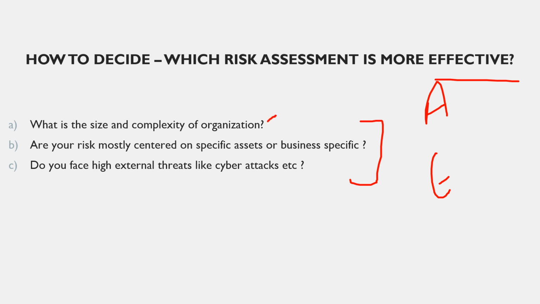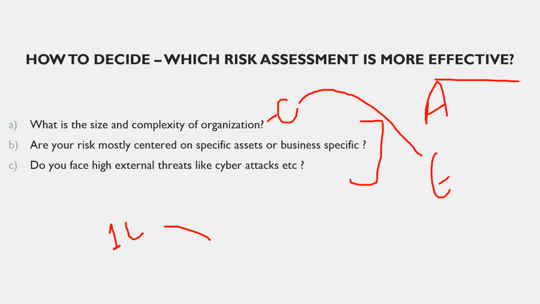If your organization is more complex, go for event based, because if we have 1 lakh assets, we cannot do asset based risk assessment because of the complexity of the environment.